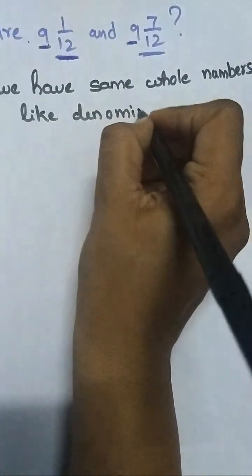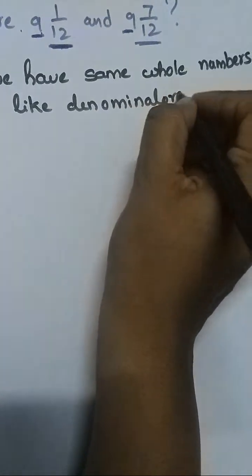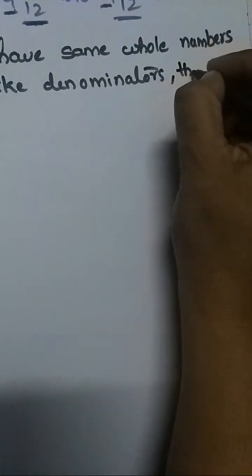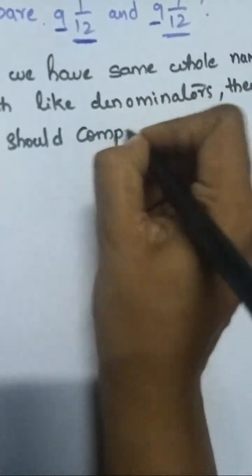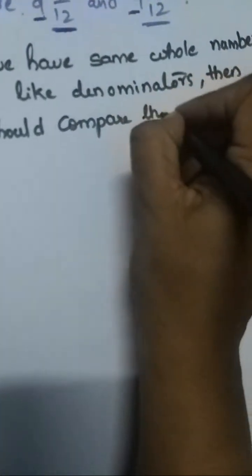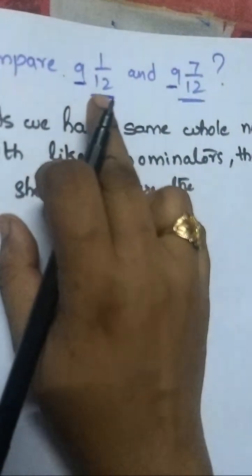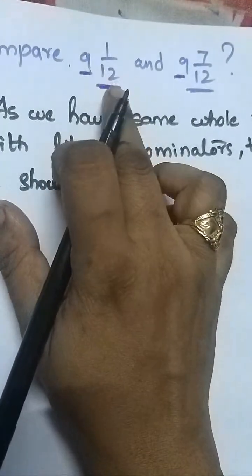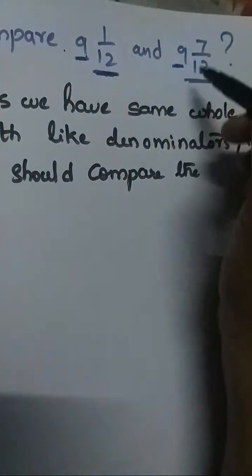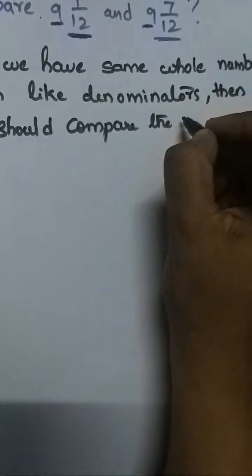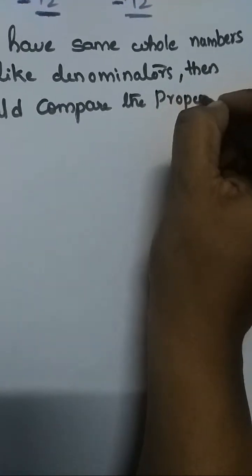When the whole number is also the same and the denominators are also the same, we have to compare the proper fractions.